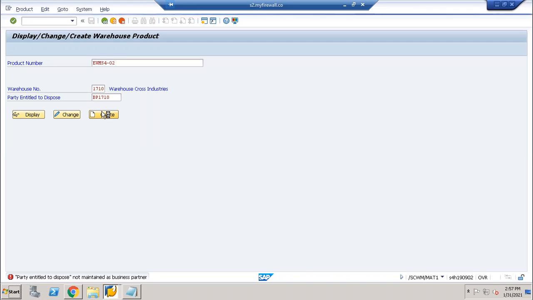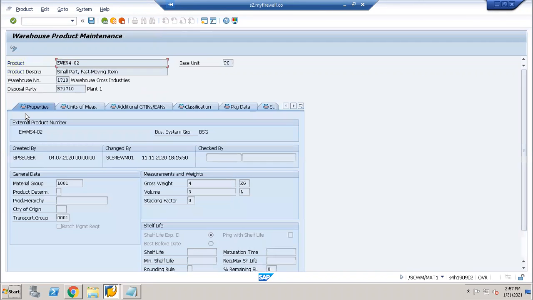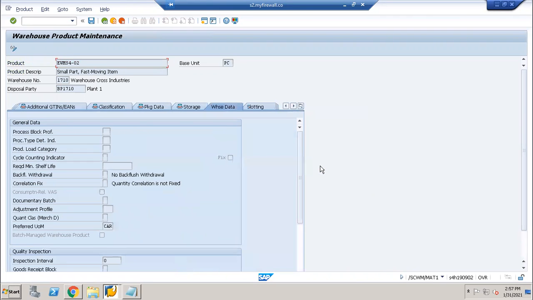So for this material, we can see in warehouse data, we have control indicator.